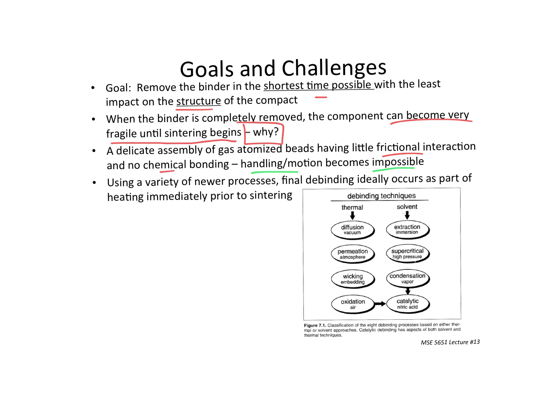And what we're going to talk about, though, is using a variety of newer processes. Final debinding ideally occurs as part of heating immediately prior to sintering. All right, so you have at least a two-phase system, and one of those phases is wax, and you remove that, and the majority of it is wax. You're left with these nice capillary force generating pendular bridges between all your particles, and those just sit there until the particles themselves start to sinter.